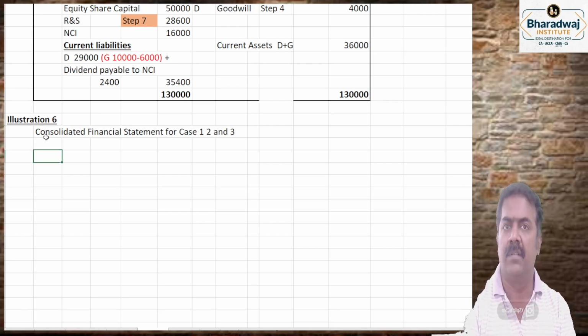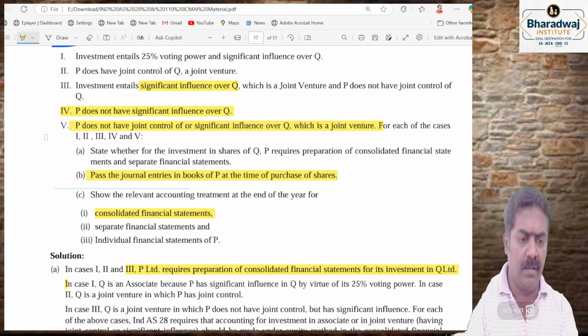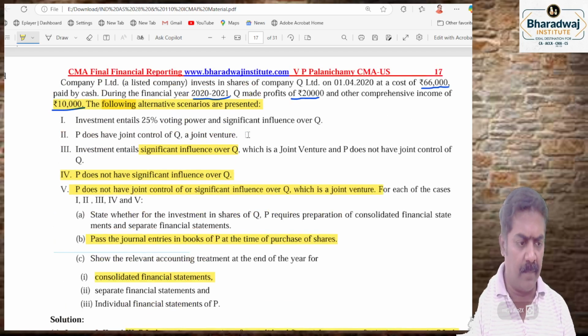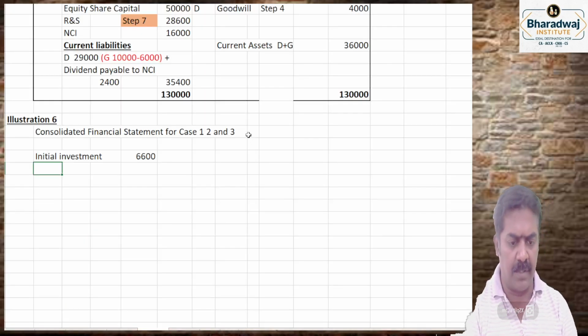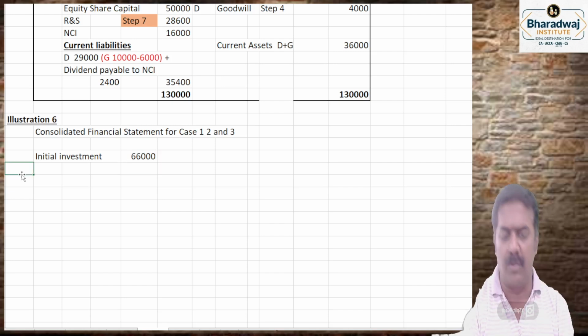How to do it? Initial investment. What is the initial investment amount? 66,000. We are not given net worth, etc., so we cannot find out goodwill and all. And share of post acquisition profit.